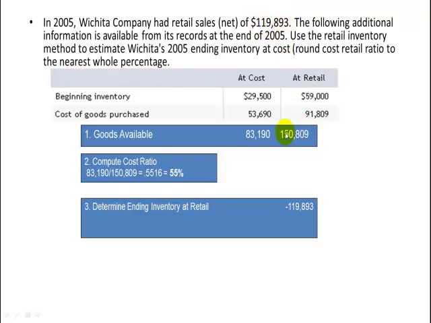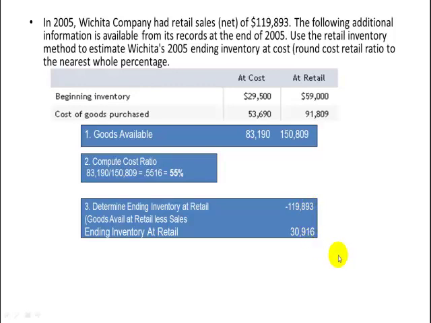So if you have goods available at retail and you have the cost of goods sold at retail, which is really sales, goods available minus the cost of goods sold expressed at retail gives you ending inventory at retail, which is $30,916. That's step three. Again, determine the ending inventory at retail, which would be the goods available subtracting out the sales you had at retail. This gives you ending inventory at retail.